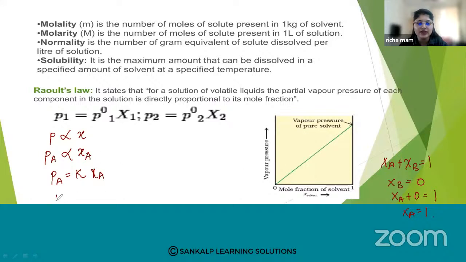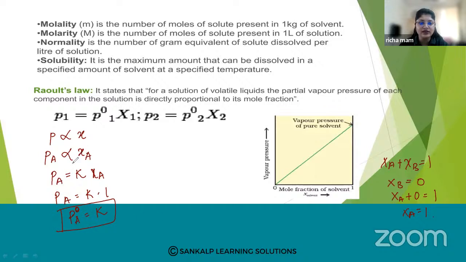By putting this, PA is equal to K into chi A, and chi A is 1. So PA will be equal to K. What we have done here is that this PA, which is K, is in the pure state, so we put a naught on it.